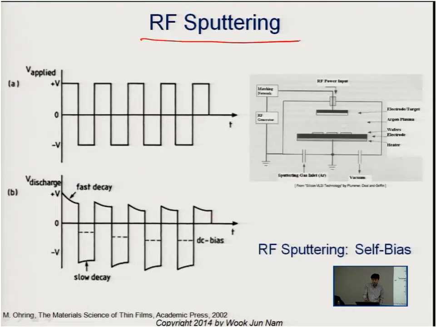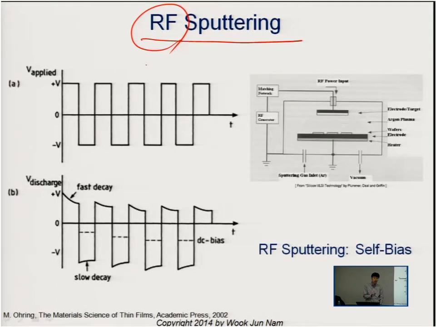The only difference between RF and DC sputtering is the way you apply the bias. When you apply the RF bias, the polarity of the two electrodes keeps changing, but there is a big difference in mobility between electrons and ions. Ions cannot follow those frequency changes, but electrons can.